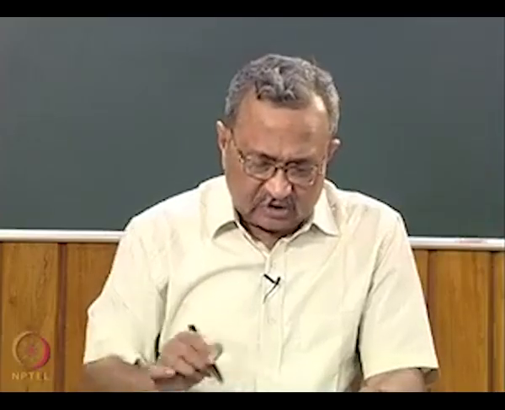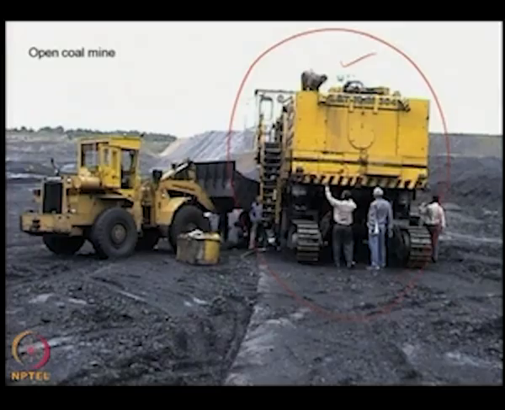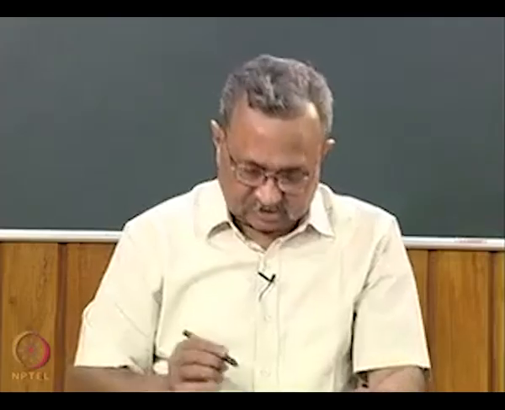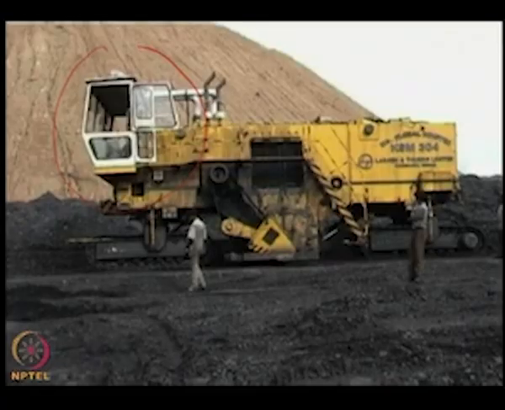Now, another work area is an open coal mine, where the space is open, but the people running this equipment, this machine, are inside a specific space. This is the cabin from where the driver works.